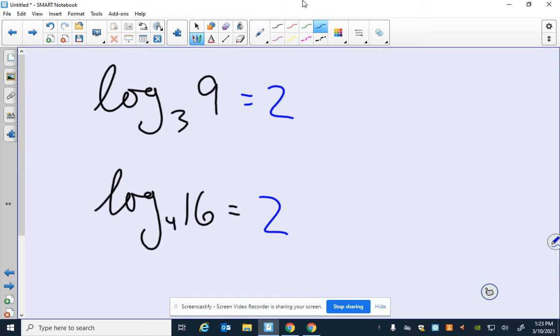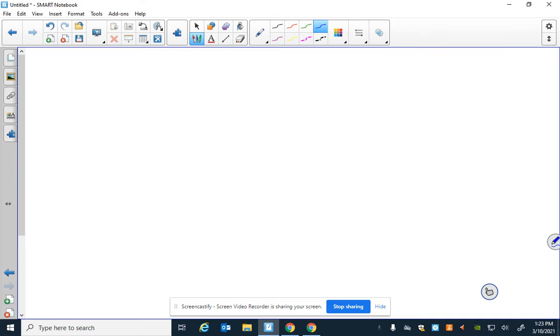And maybe you know why, and maybe you don't, but that's okay. Remember, we're looking for patterns here. If you need, you can throw log base 3 of 9 in a calculator, if your calculator can handle logs with bases. Not all calculators can. My iPhone cannot. Inspire can. Log base 4 of 16 is going to kick out a 2. And again, maybe you know why. That's great. All right, one more example.